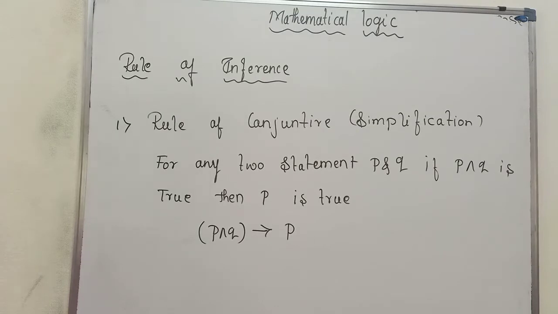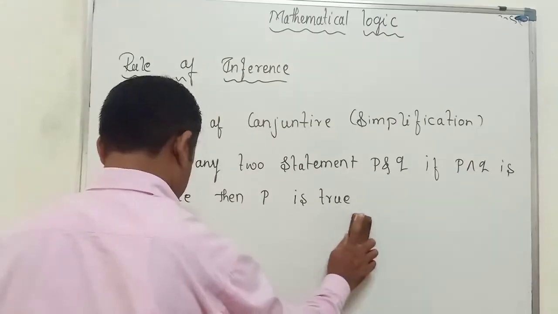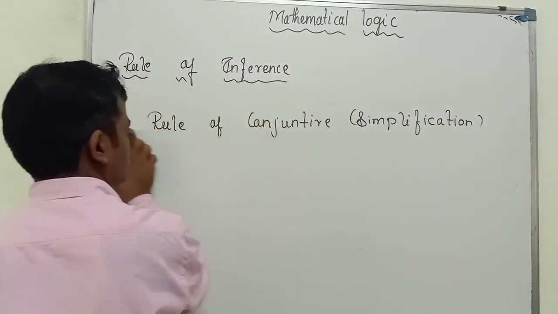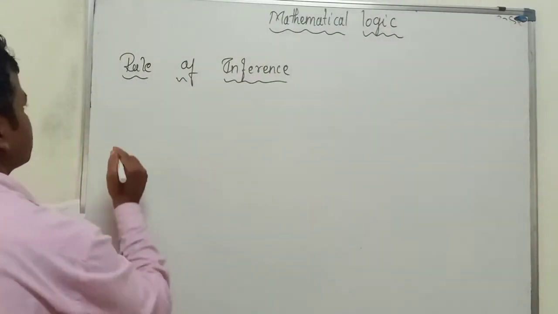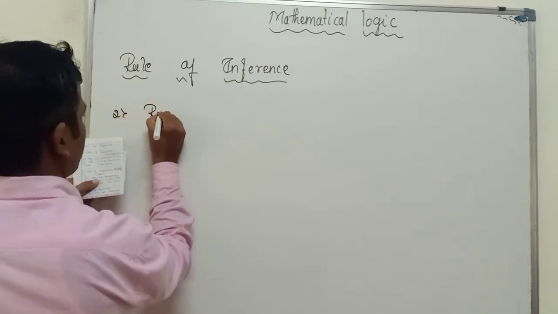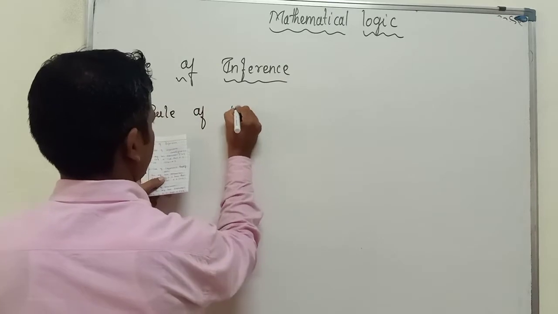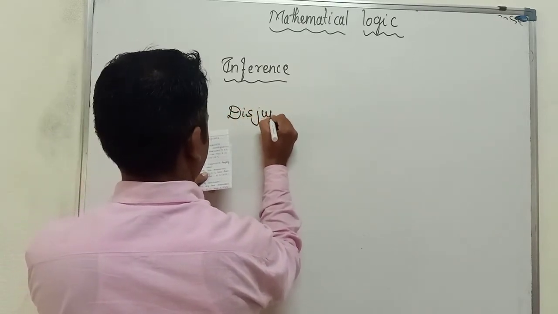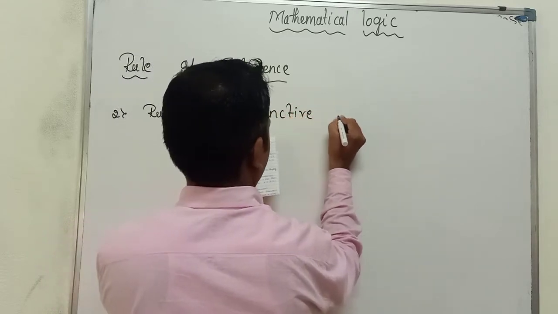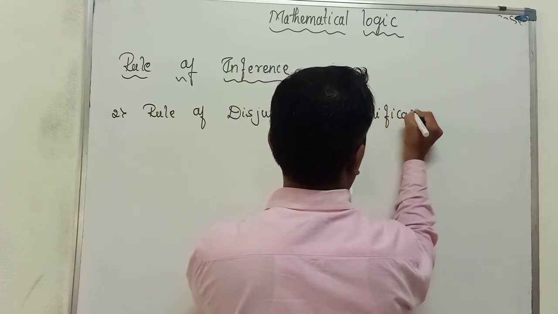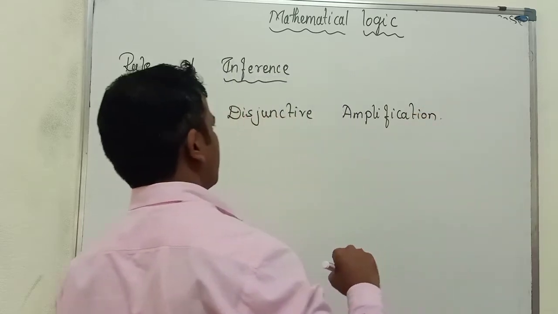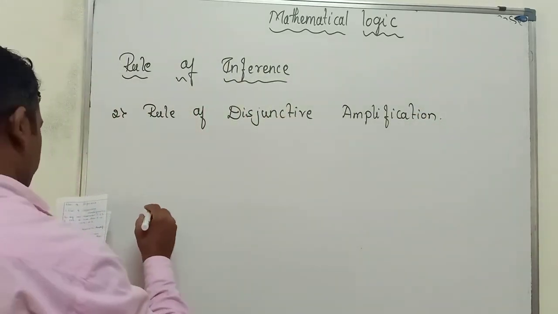Next we move to the second rule, the rule of disjunctive amplification.